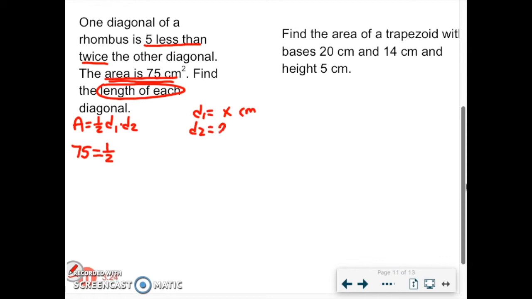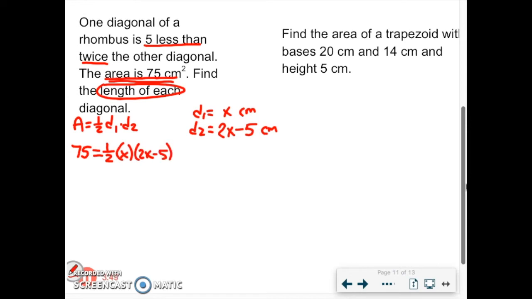Twice of x would be 2x, but this diagonal is 5 less than that. So 2x minus 5 is another way to say 5 less than twice the other diagonal. If I call one diagonal x, the other one would be 2x minus 5. Let's plug that in over here. We have an x and a 2x minus 5.